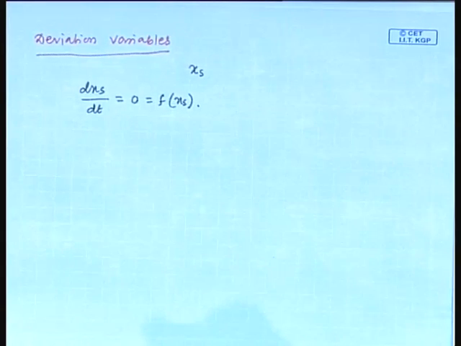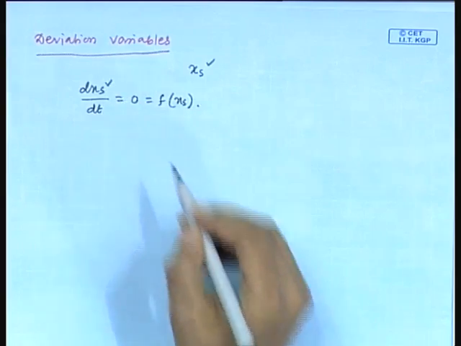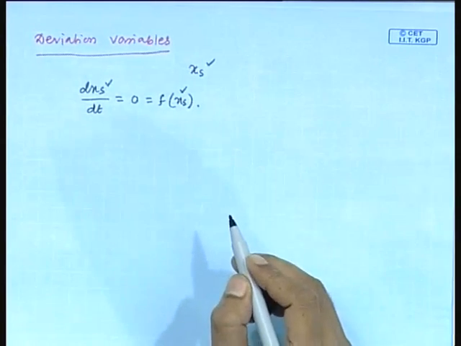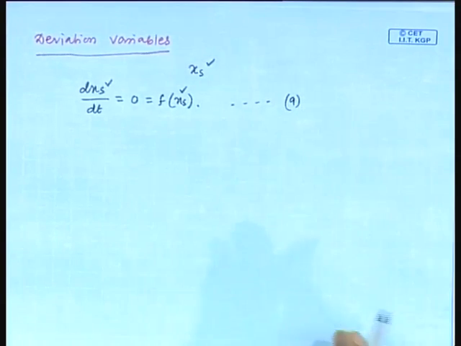The steady state value of x is xs, which is constant, that is why the derivative of that constant term is 0. This is equation number 9.